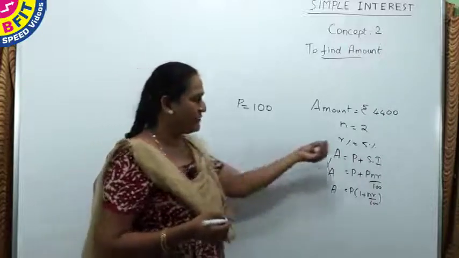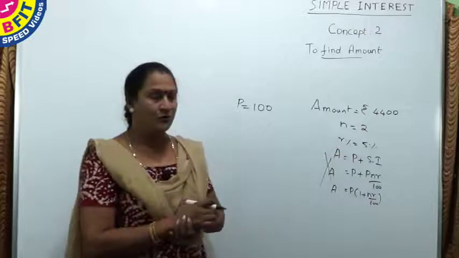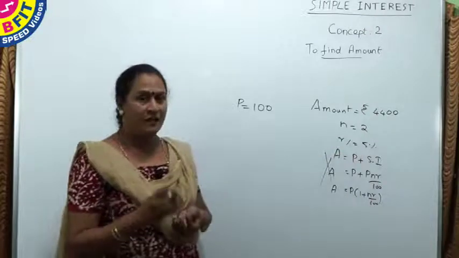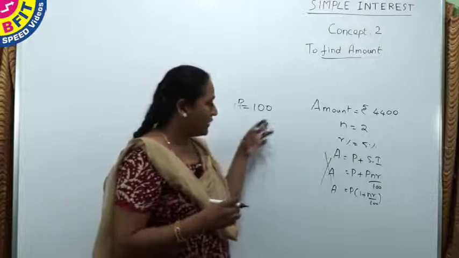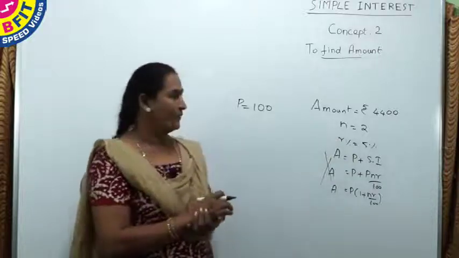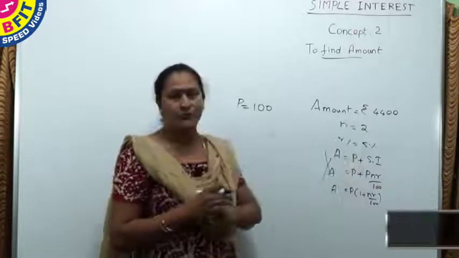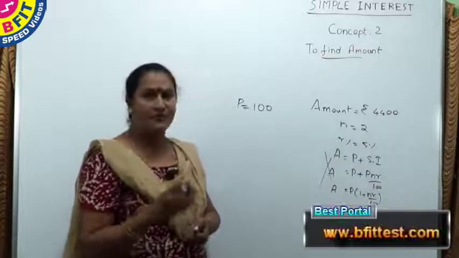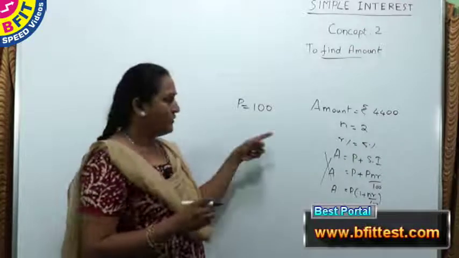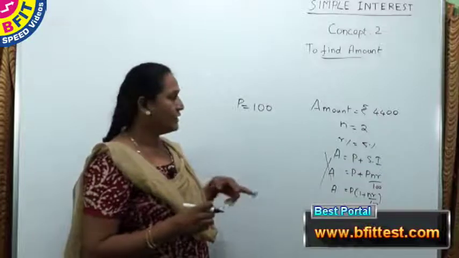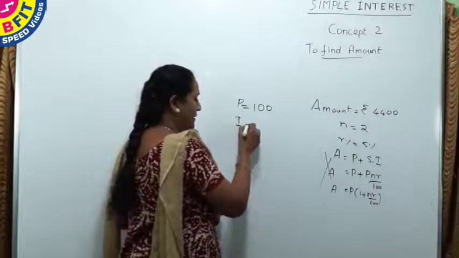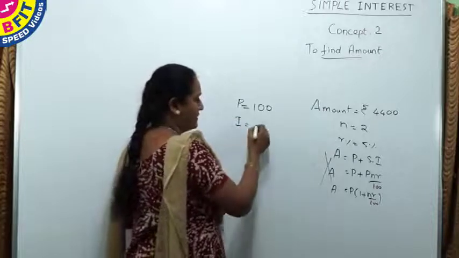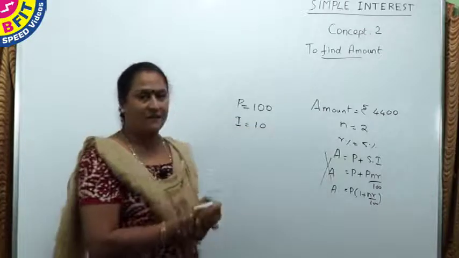I have already told you, rate is the amount which you get in addition for 100 for 1 year. So for 1 year you will get 5 rupees more. It is deposited for 2 years, so what will be the interest for 100 for 2 years? For 1 year it is 5, for 2 years it will be 10 rupees. So for principal 100 with the rate of 5%, the interest will be 10 rupees.